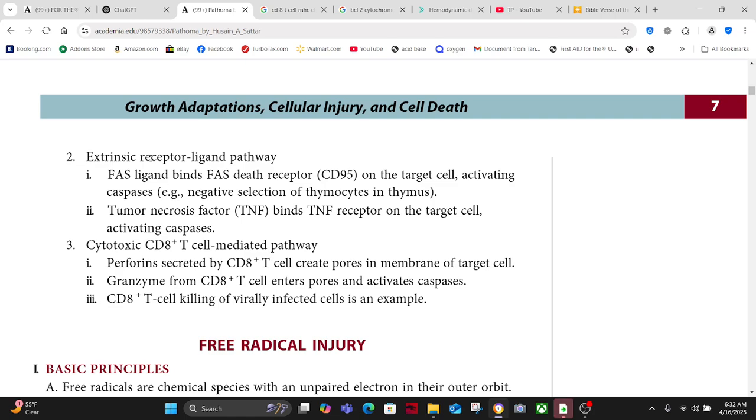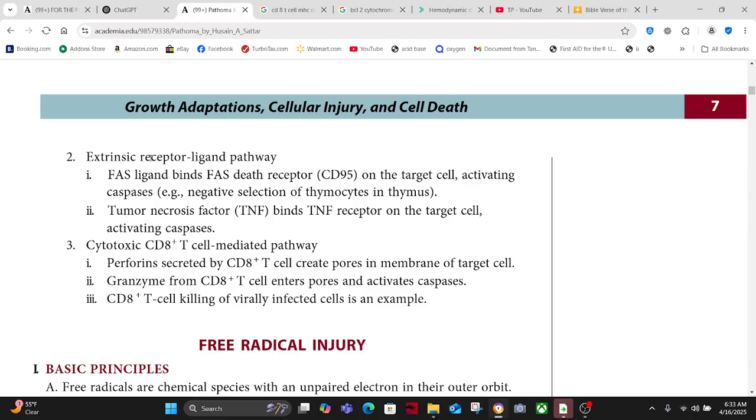This is the Fas ligand. This is when Fas ligand binds the Fas death receptor on the target cell, activating caspases. This is seen in negative selection of thymocytes in the thymus. Tumor necrosis factor binds TNF receptor on the target cell, activating caspases. Okay. What this means is something foreign binds a receptor on a cell, which then activates apoptosis.